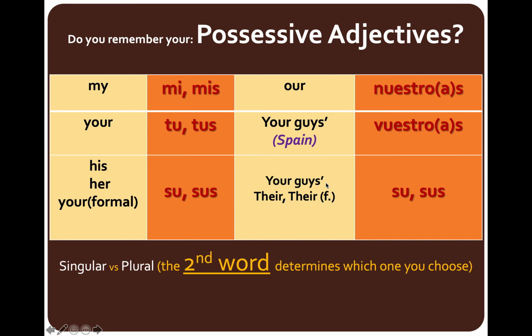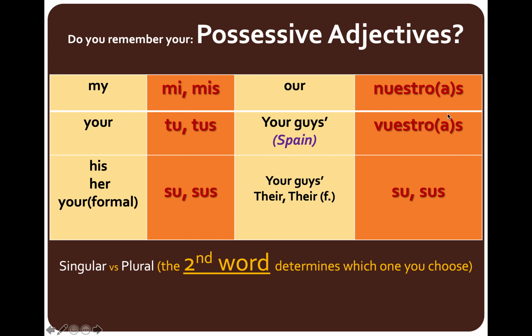All right, so it sounds like there's two S's right there. Your guys's. And it'll make sense if you put a word after, like your guys's brother. Right? Brother is one person, so su hermano. Your guys' brothers, that's more than one brother, so sus hermanos.